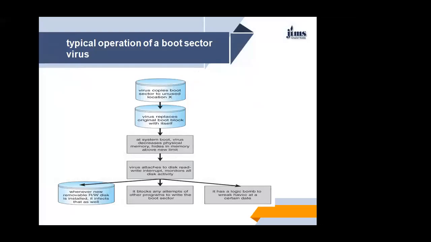Then the virus attaches to disk read-write interrupts and monitors all disk activity. Whenever a new removable read-write disk is installed, it infects that as well. It blocks any attempts of other programs to write to the boot sector. It has a logic bomb to wreak havoc on a certain date.